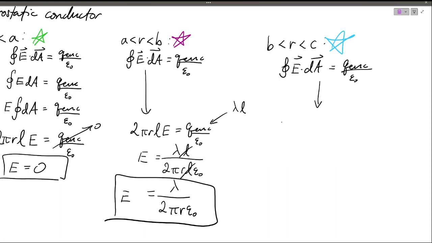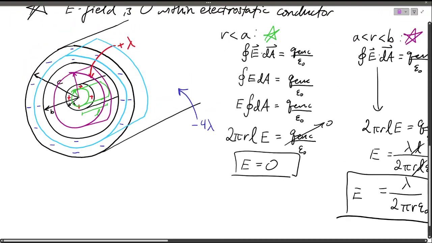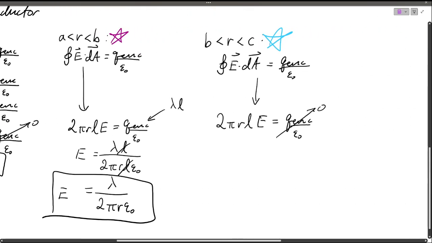But in any case, for the cylinder we do the same simplification again. 2 pi r L E is equal to Q enclosed over epsilon naught. This time our Q enclosed is 0, because remember we have minus 1 lambda on the interface of this outer cylinder plus 1 lambda on the inner cylinder, so that adds up to 0 Q enclosed. E is equal to 0.